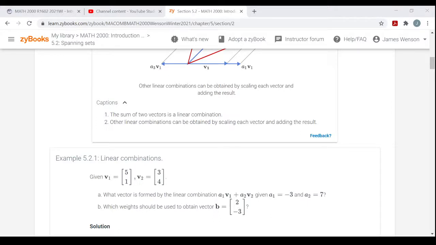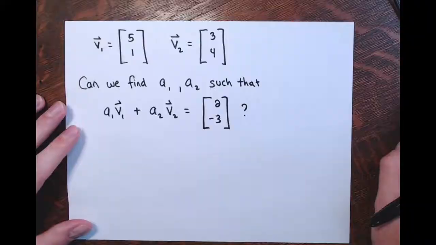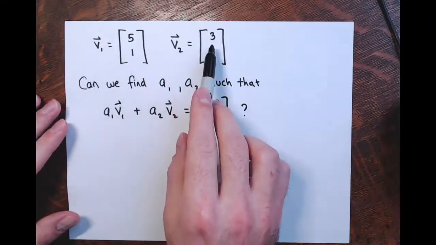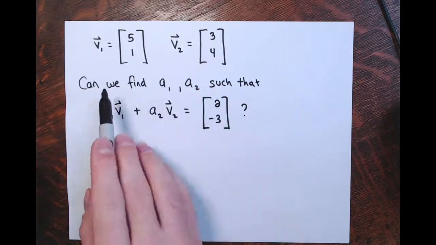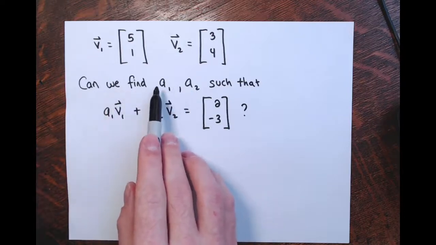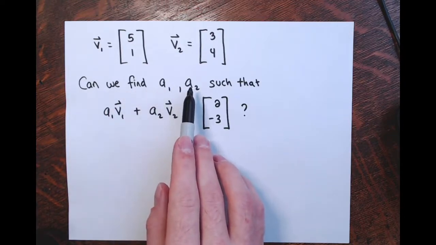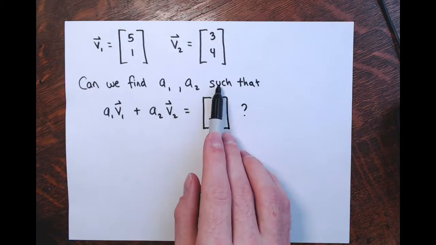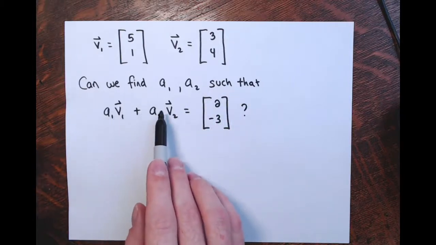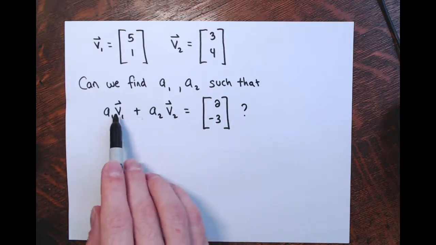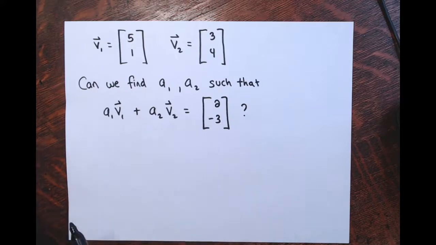So again, I'll go to a piece of paper with this. The same vectors, but now the question is, can we find the scalars a1 and a2 such that a1 v1 plus a2 v2, this linear combination of these vectors, makes the vector 2, negative 3?